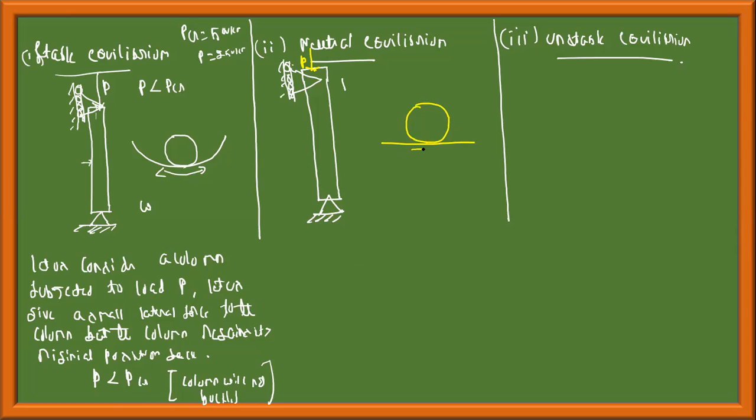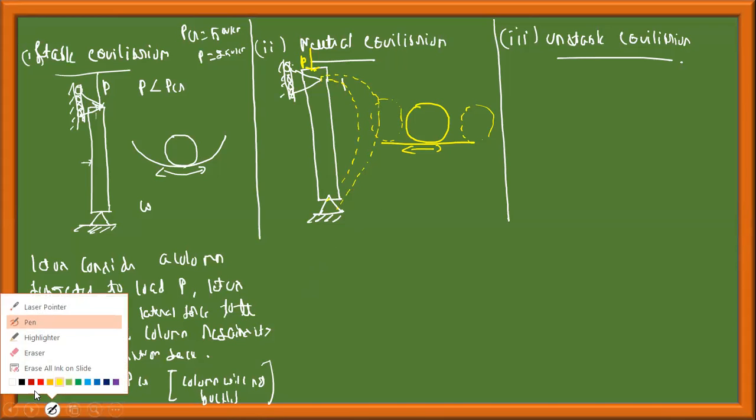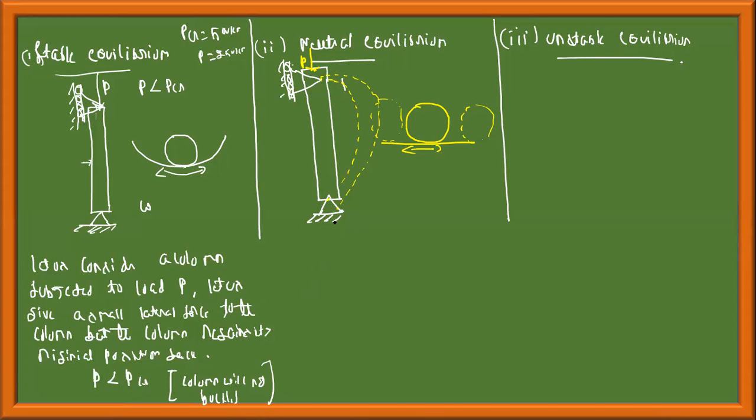Wherever I push, it will go and take the new position like this. So when the column is given a small lateral push, the column will not regain its shape back. It remains in the deflected position. If I give a small push, it remains in the same position until the load is removed. So this is called neutral equilibrium.